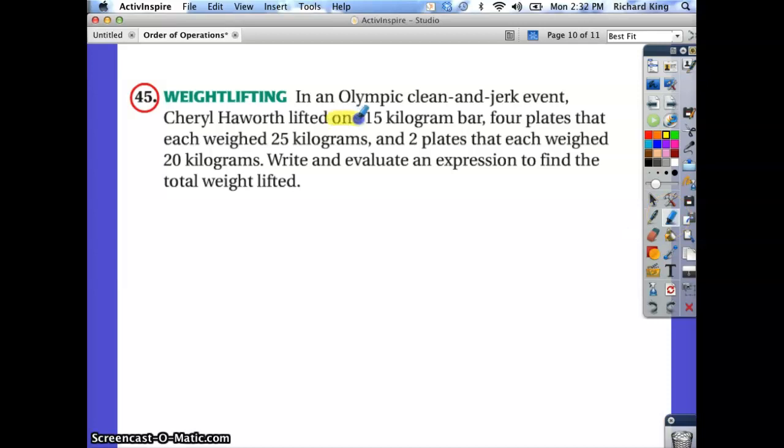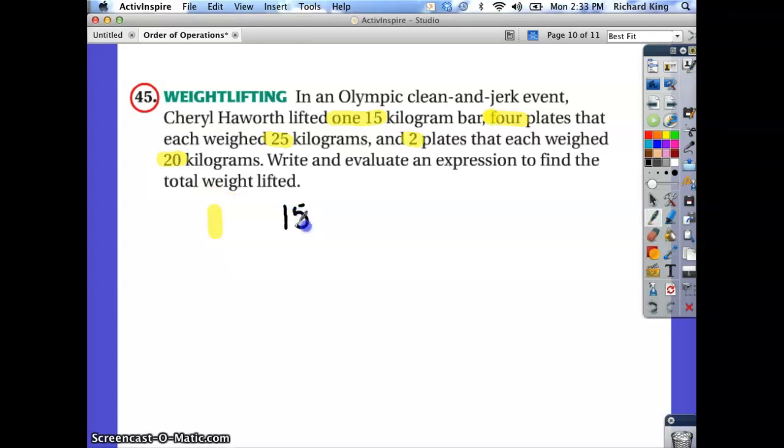Okay, you have one 15-kilogram bar. You have 4 plates that each weigh 25 kilograms. Then you have 2 plates that each weigh 20 kilograms. So we use this information to form our expression. You have 15 kilograms to start with.